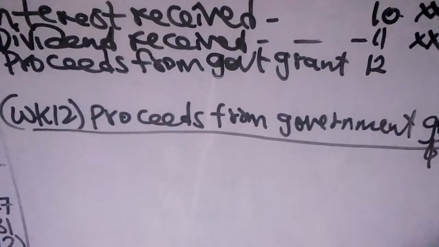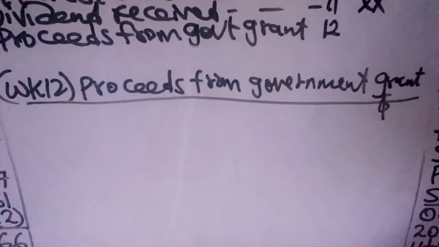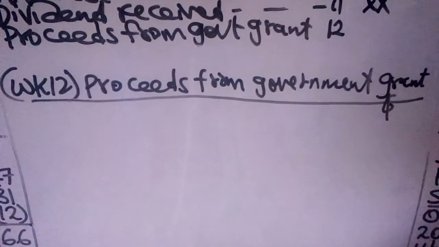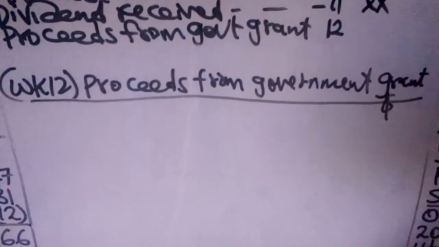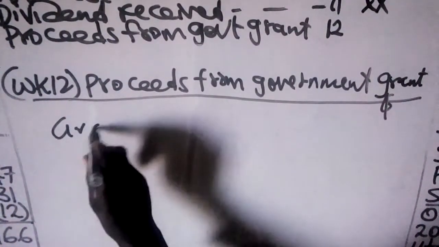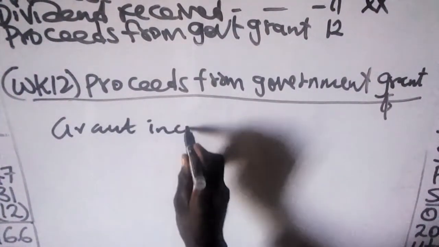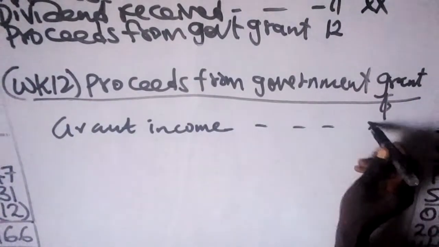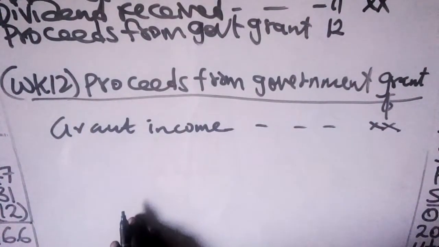Information about government grant will be found in the statement of financial position and the statement of profit or loss, which will be given by way of notes. Now you start with the grant income, given in the statement of profit or loss or by way of note.